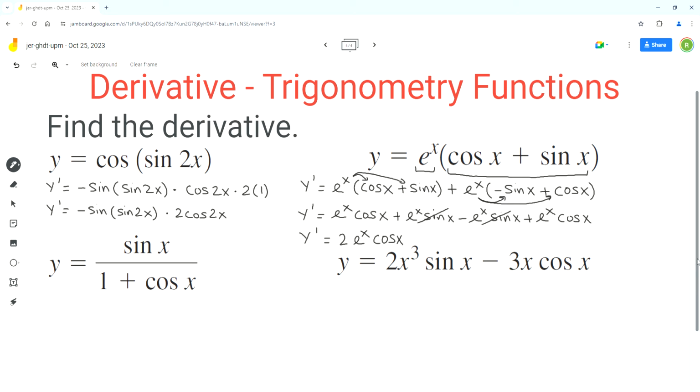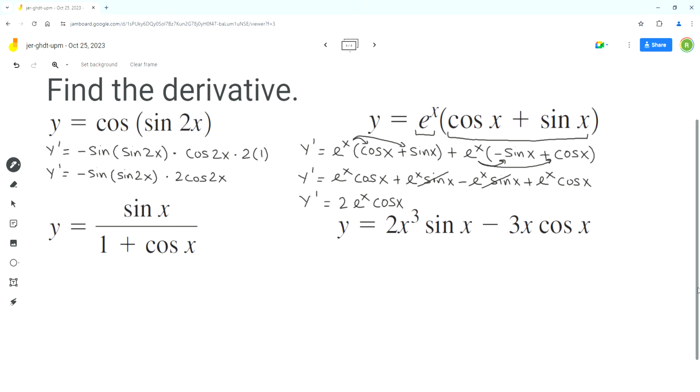Now the third function is given to us in the form of a fraction. There is this sine term in the numerator and cos term in the denominator. So we can use quotient rule to find the derivative. As per the quotient rule, we start with the derivative of the numerator.